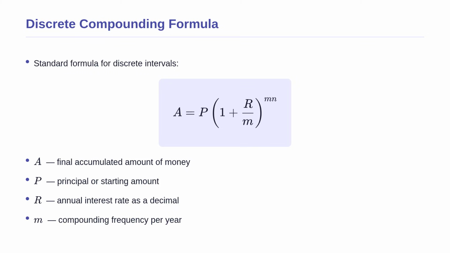Here P is your starting principal. r is the annual interest rate. The variable m is crucial. It is the compounding frequency, or how many times per year interest is added. Finally, n is the number of years. If you increase the frequency m, the final amount A also increases because you start earning interest on your interest sooner.